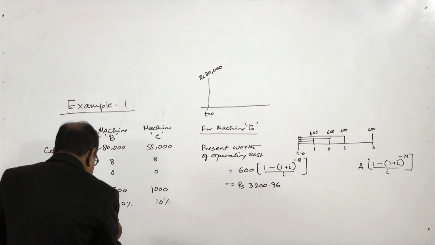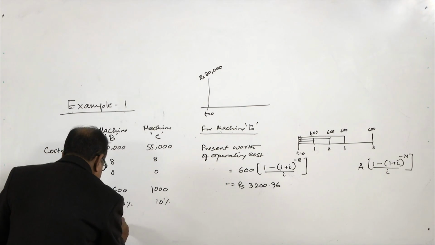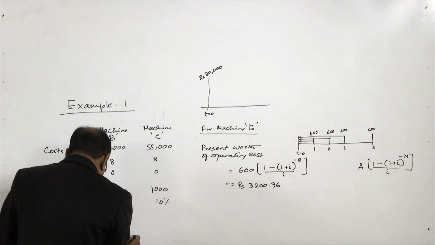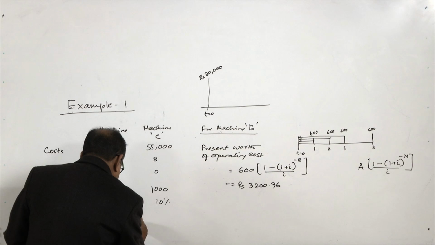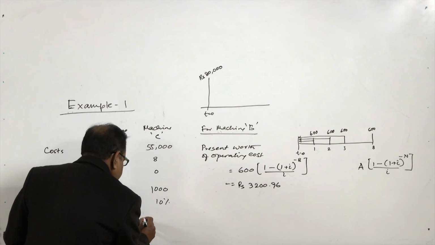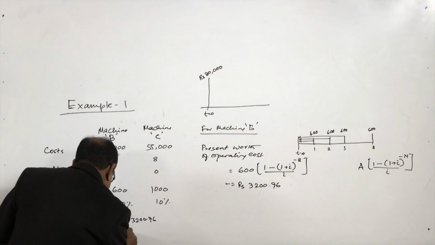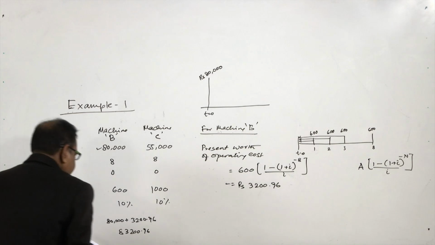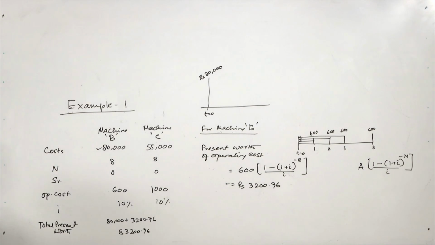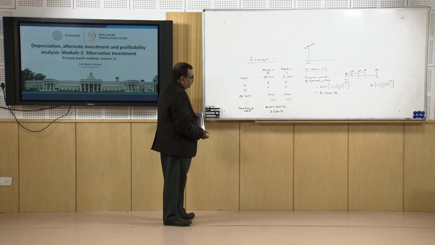So, this is 80,000 plus 3200.96, that comes out to be 83,200.96. So, this is the total present worth of machine B.